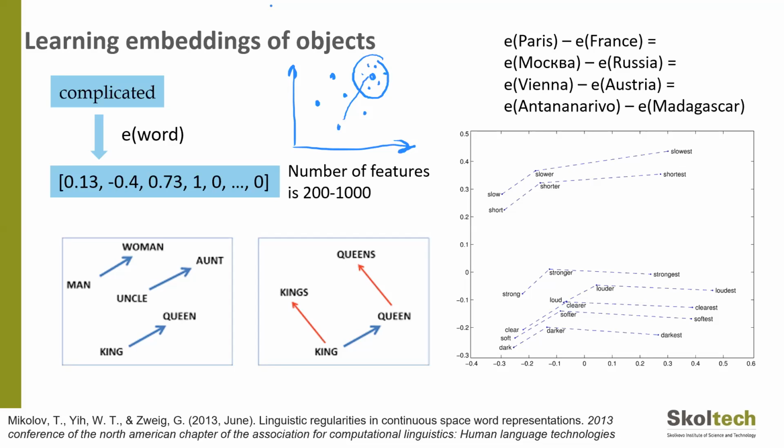You can try to subtract capital from a country, and these differences would be similar, very close to each other, if we are talking about similar relations between objects.